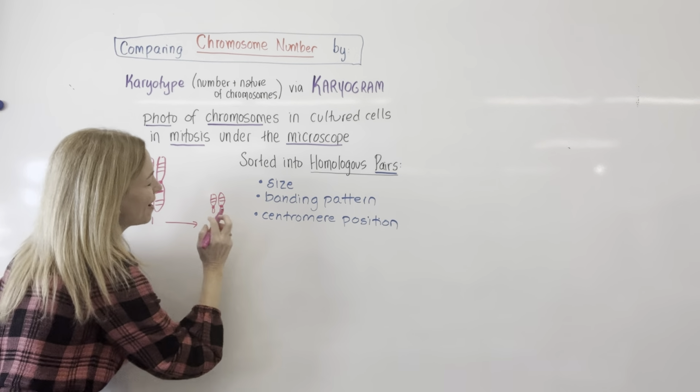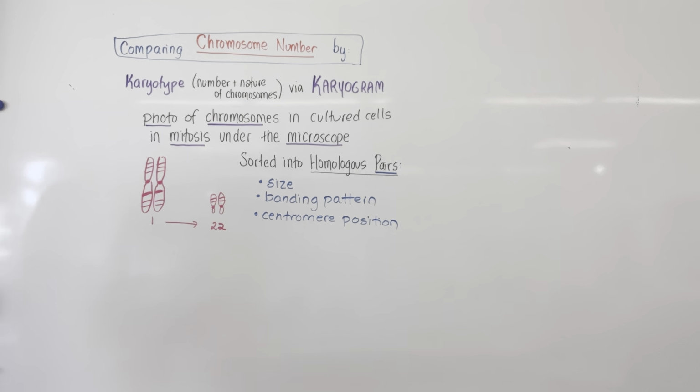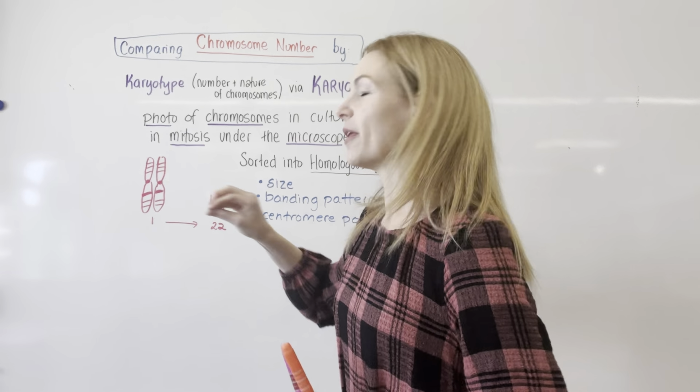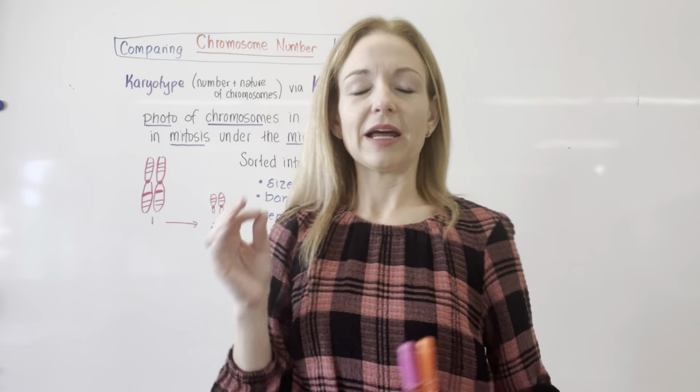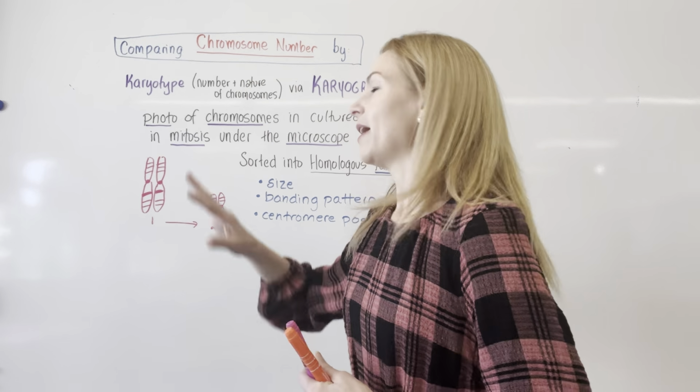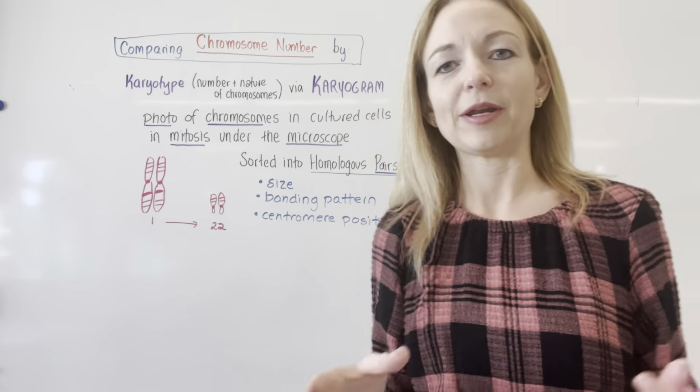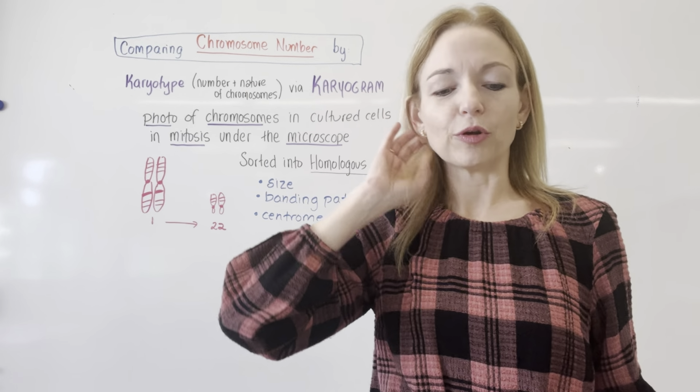X would look different. So they're going to be grouped by their homologous pairs and then organized into size order. And then you can look and say exactly how many pairs they have and work out their diploid number.